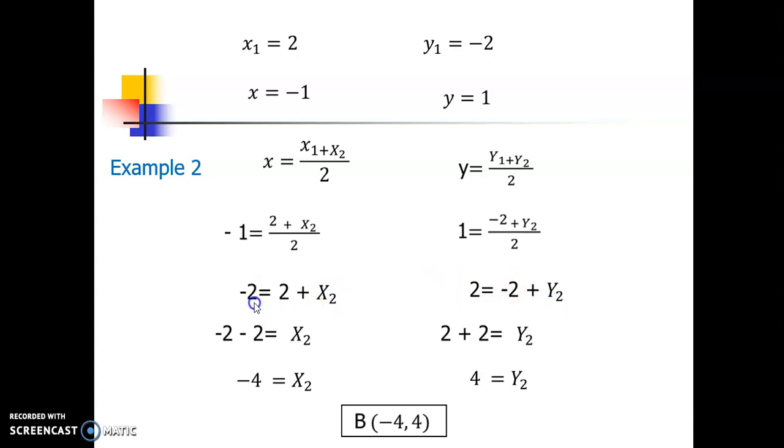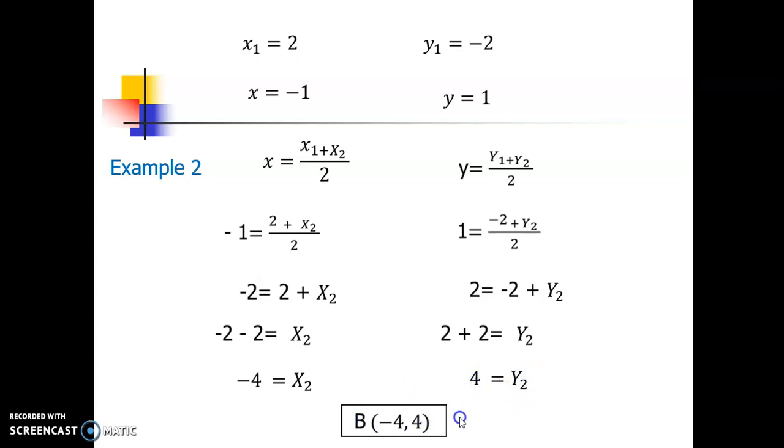Nagdagdag dito ng positive 2, maglalagay din dito ng plus 2. So, negative 2 plus 2, magiging 0, matitira dito is y sub 2. So, 2 plus 2 equals 4. Ang y sub 2 natin, or y-intercept natin, is positive 4.